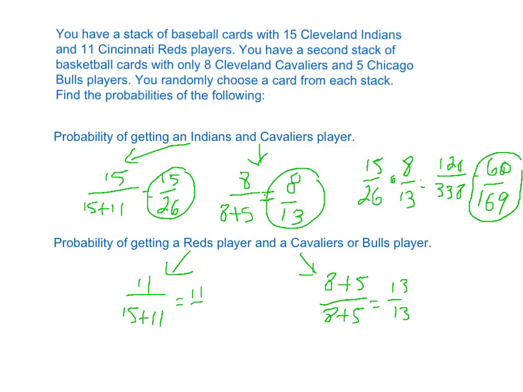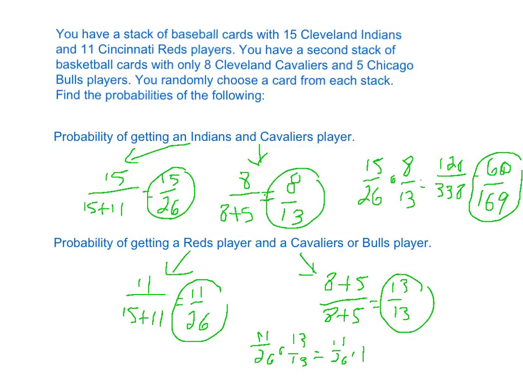This gets you 11 out of 26. We need to take this and multiply them together. So, hold on, let me fix that. 11/26 times 13 over 13 is going to be 11/26 times 1, because 13 over 13 is 1, so it's just 11/26.